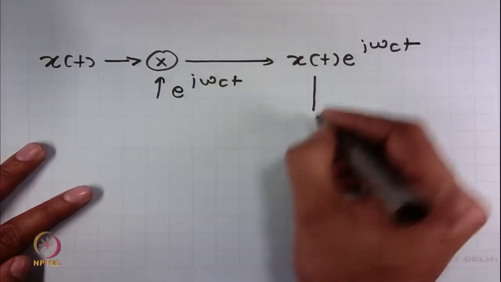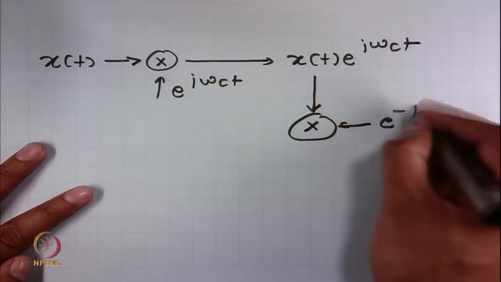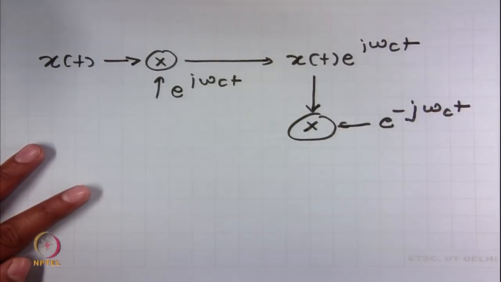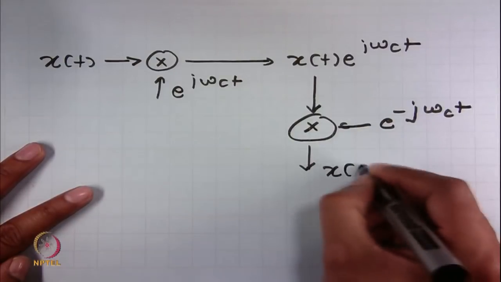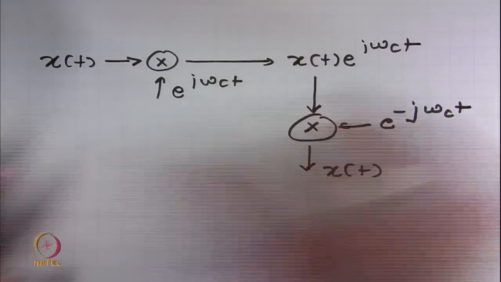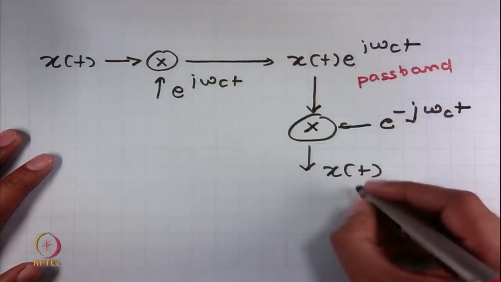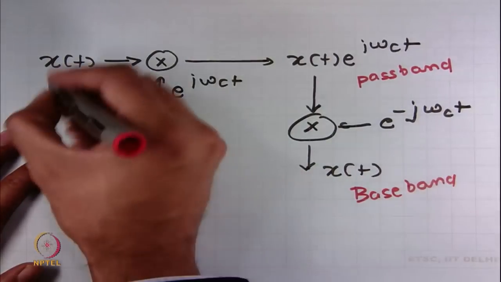It is very simple. You need to multiply this with e^{−jω_c t}, and what we get then is x(t). So, this is a passband signal and this is the baseband signal, and this is also a baseband signal.